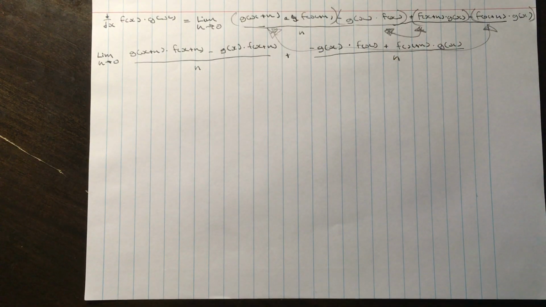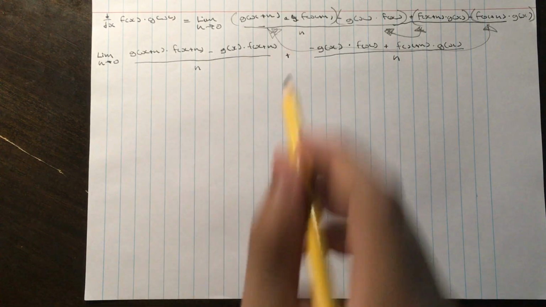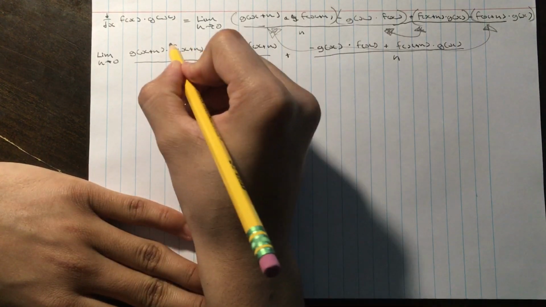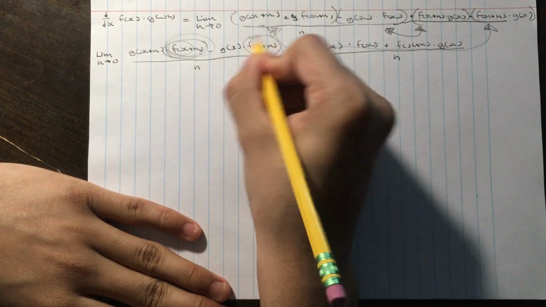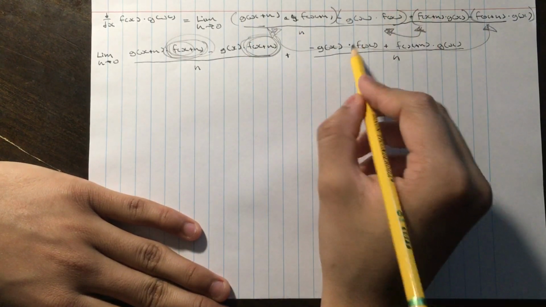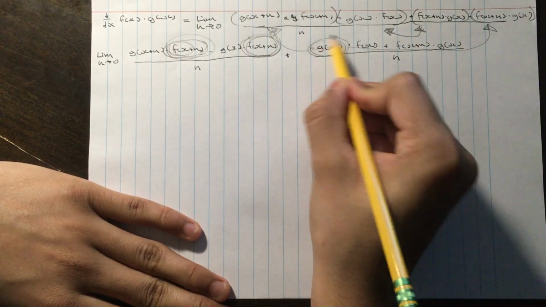Well, let's do something that's even cooler, and we'll factor out repeating terms, right? So we can see right here that f of x plus n is repeating, and right here we can see that g of x is repeating.